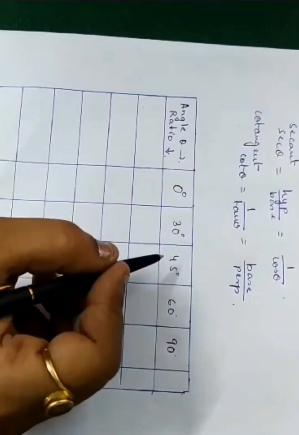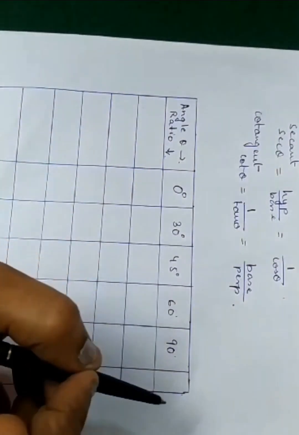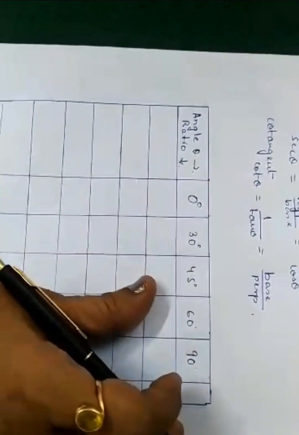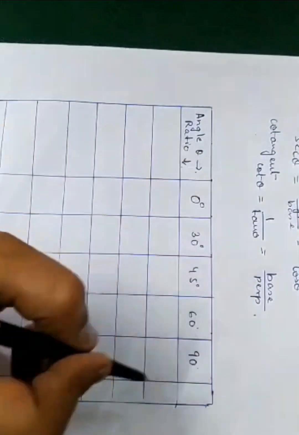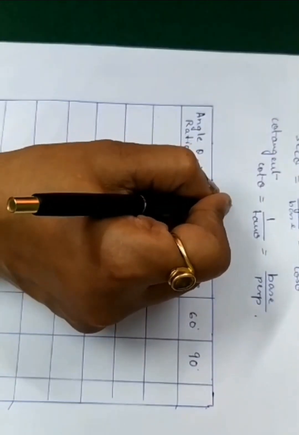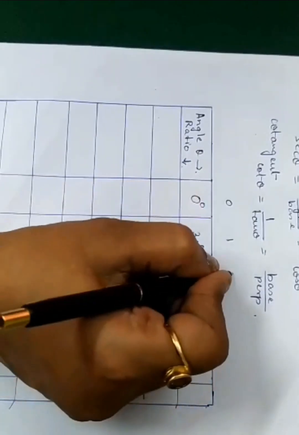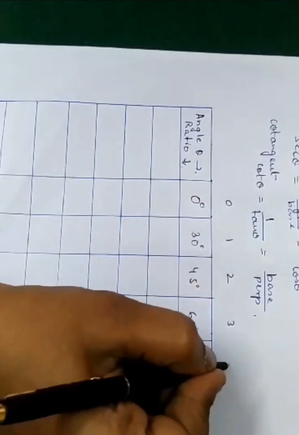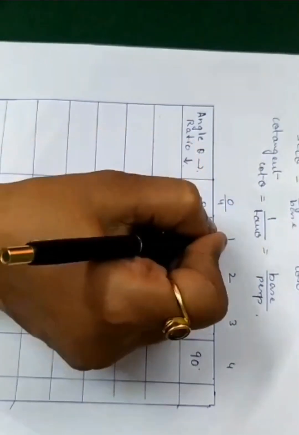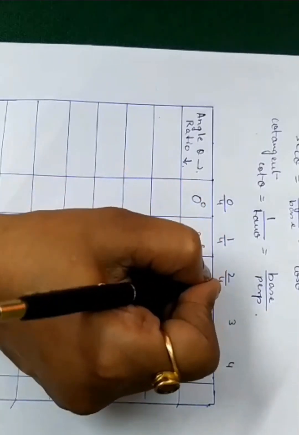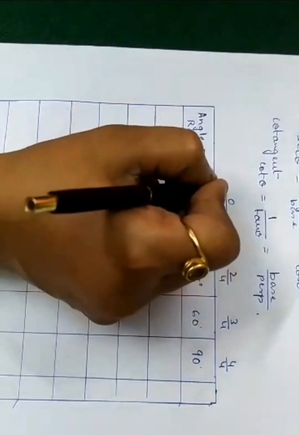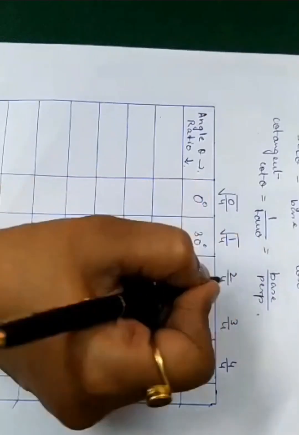We have to learn the values for these angles, but the easy way is to draw this chart, and at the top you write 0, 1, 2, 3, 4, then you divide each of them by 4, and then you take the square root of each.